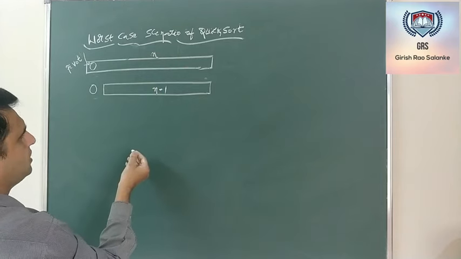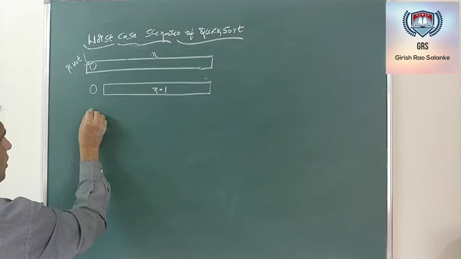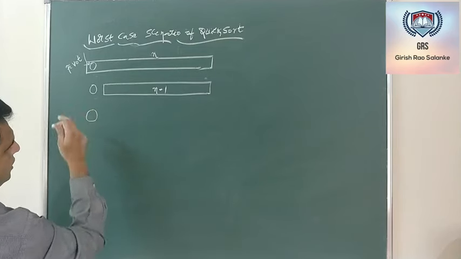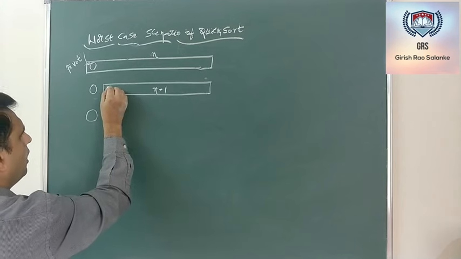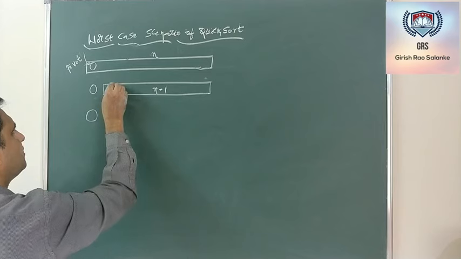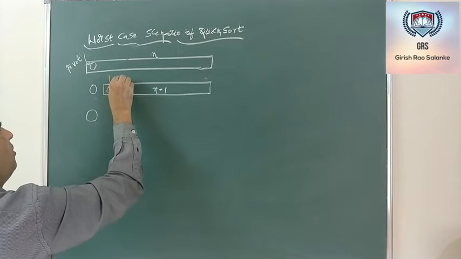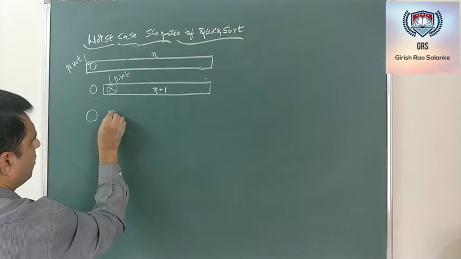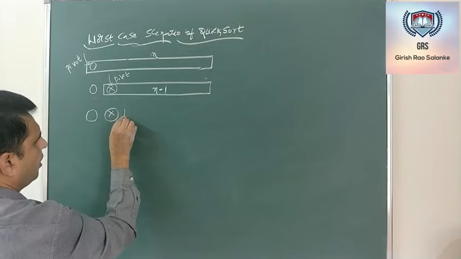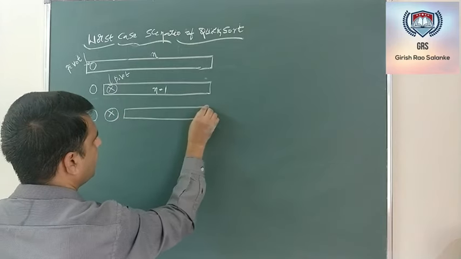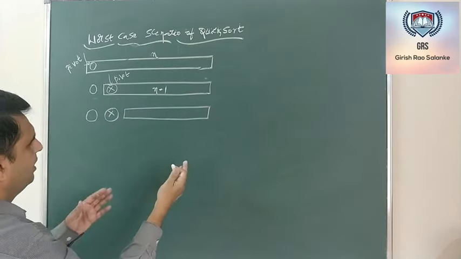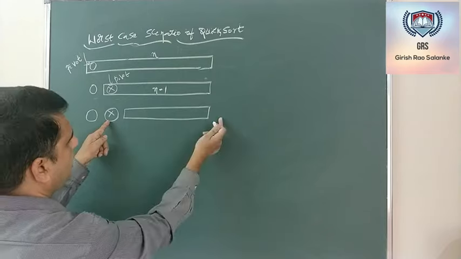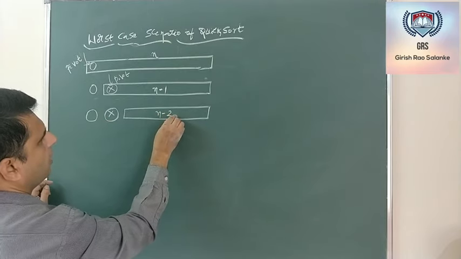So in the next partition, this was the pivot of the first partition. For the second partition, let this second element be my pivot. Even in this case, after doing a partition, if the position of the pivot remains unchanged, it has divided the array in such a way that to the left of this there are no elements, and to the right of this there are n minus 2 elements.